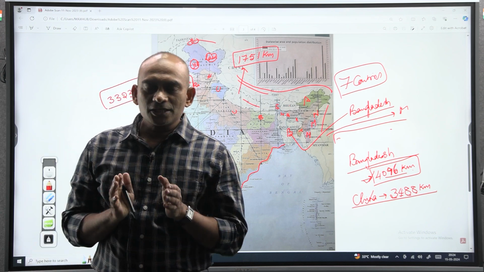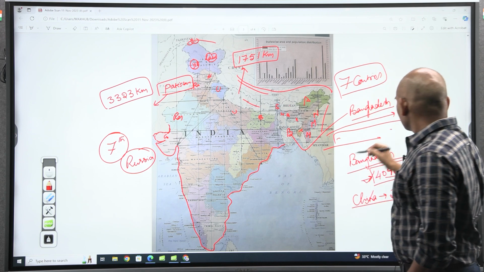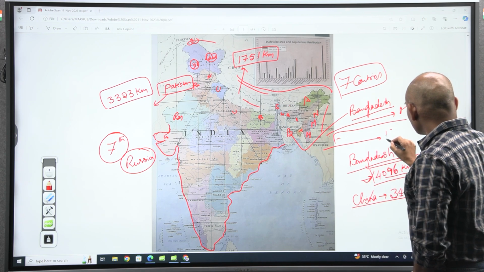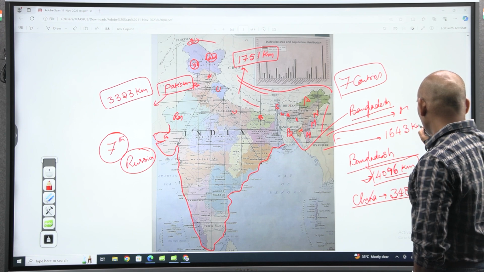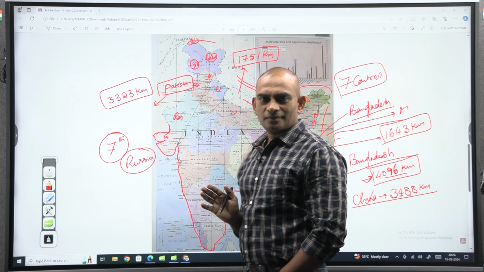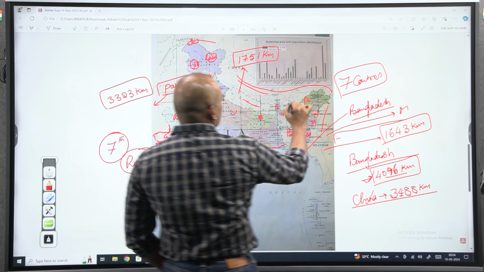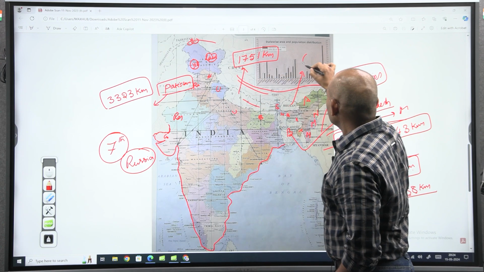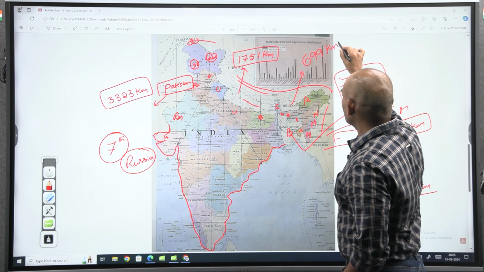Okay. So next one is Myanmar. We are sharing 1,643 kilometers with Myanmar, the next highest. Then if you look at Bhutan, we are sharing 699 kilometers with Bhutan.